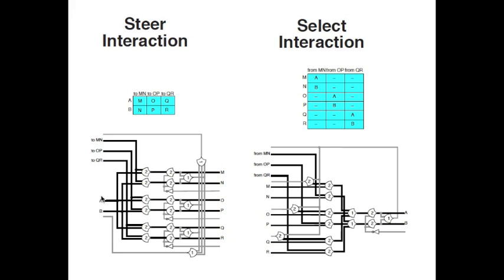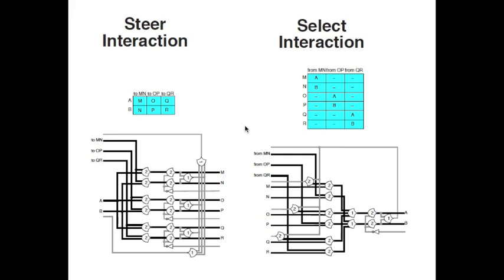Here we have a 2-rail flow path that's steered to one of 3 output 2-rail flow paths by a 3-rail flow path. The rails named 2mn, 2op, 2qr. So when 2mn is data, it steers A to M and B to N. When 2op is data, it steers A to O and B to P.